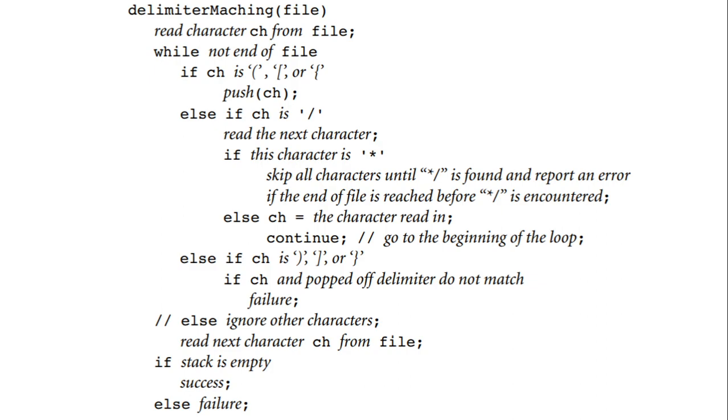And then we have another else if clause here. So it will check if the character is an ending delimiter of parentheses, brackets, and braces. If these are the characters, the topmost element will be popped off. We sometimes call it pop off if you want to remove the topmost element in a stack.